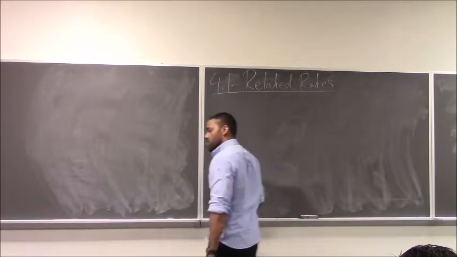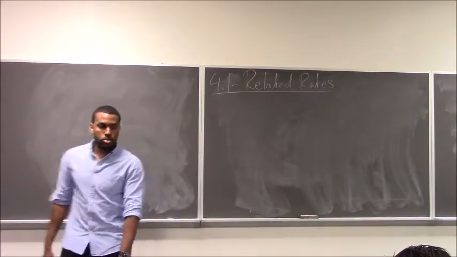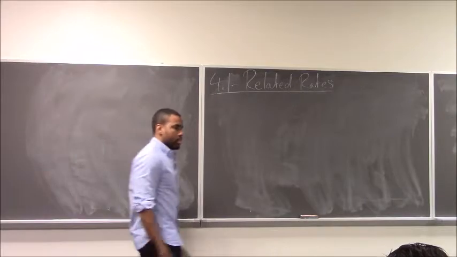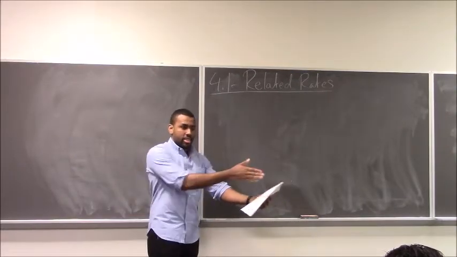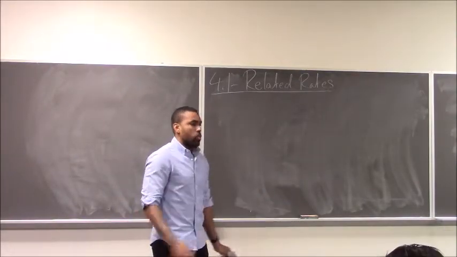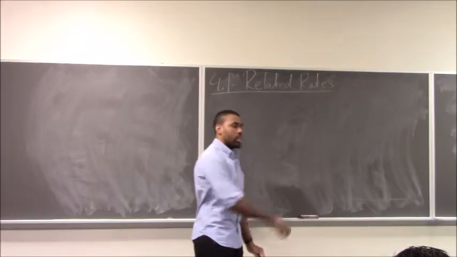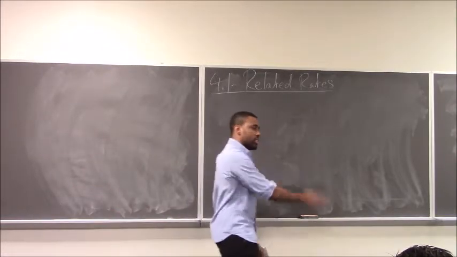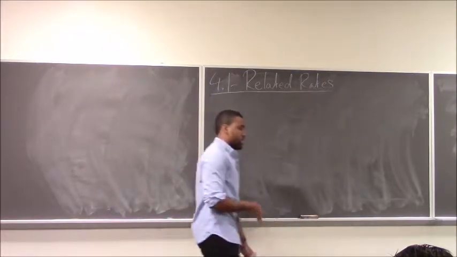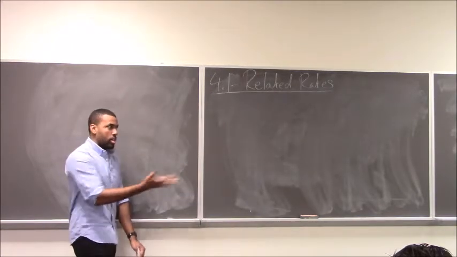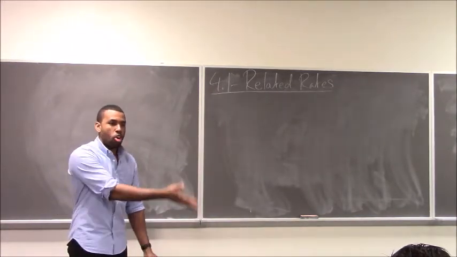And the idea is the following. If you have 2 or more related quantities, so you can have an equation that has several variables in it, we know how to differentiate implicitly, and we can differentiate an entire equation. So if quantities are related, their derivatives are also related.